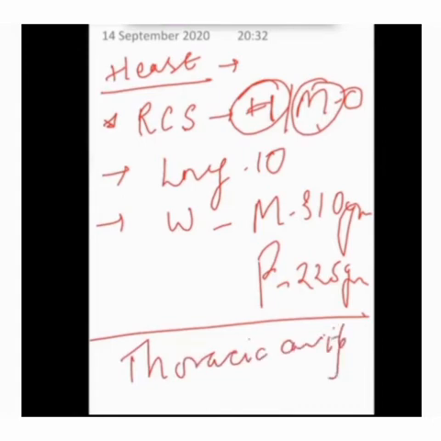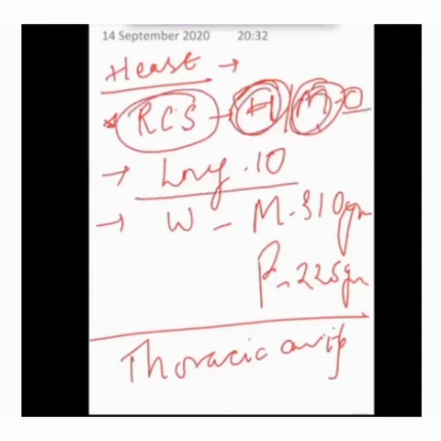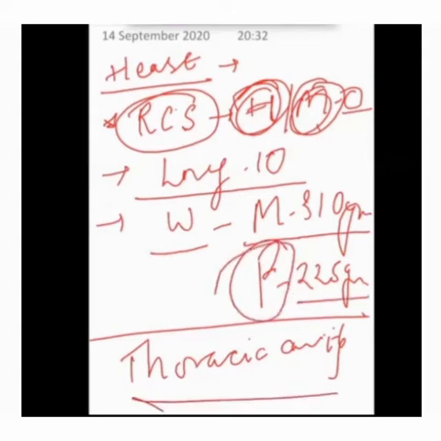So these are the points which we'll be learning. Again, I'm repeating the same points: it is a roughly conical shaped, hollowed muscular organ. The length is 10 centimeters. The weight is 310 in case of males and 225 in case of females, and it lies in the thoracic cavity.